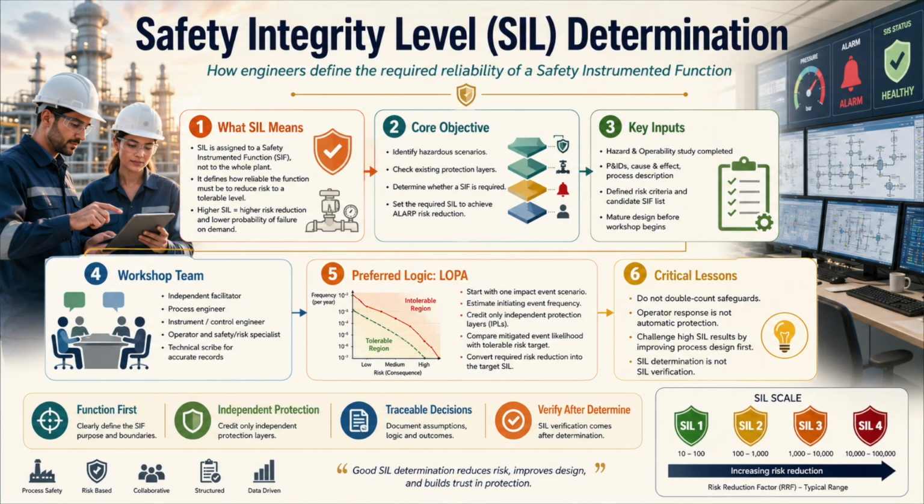You are defining the reliability of the last engineered barrier between a hazardous process condition and a consequence that the organization has declared unacceptable. Make that decision slowly enough to understand it, rigorously enough to defend it, and clearly enough that the engineers, operators, and maintainers who inherit the function can preserve its integrity throughout the life of the facility.